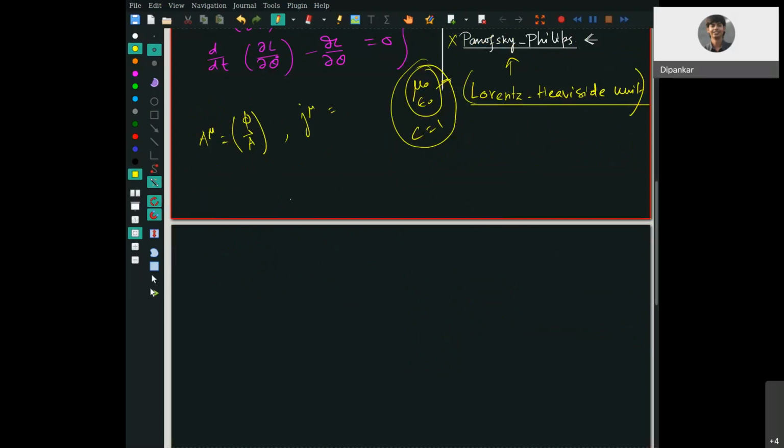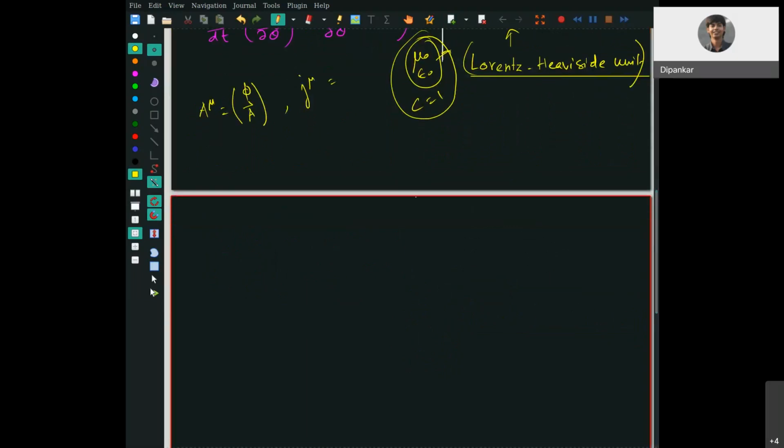Now you have to basically compute F mu nu, and F mu nu is given by del mu A nu minus del nu A mu.